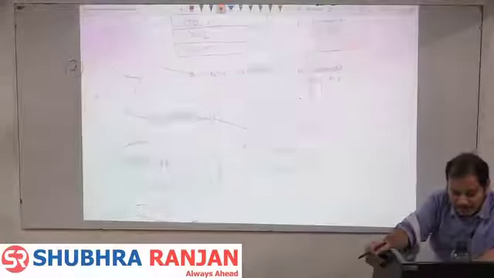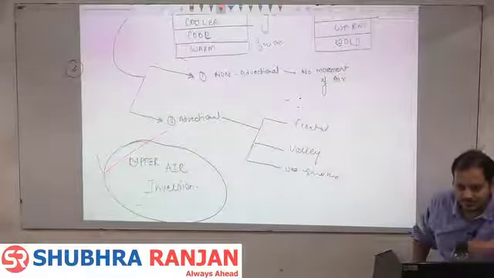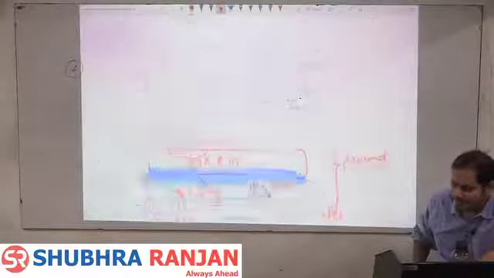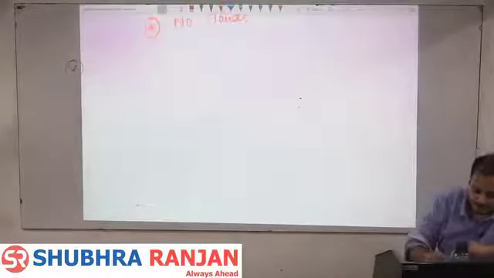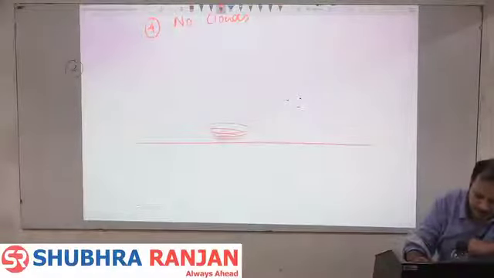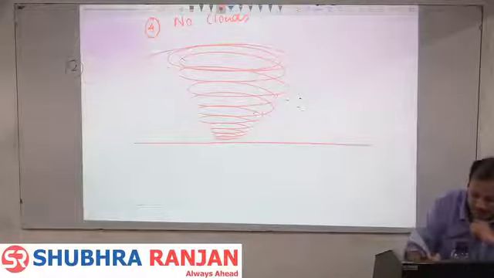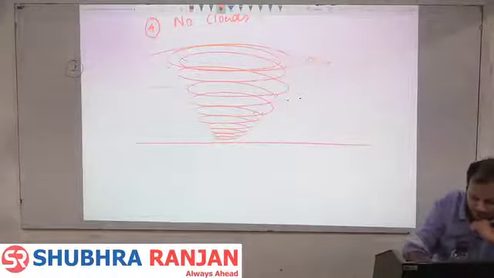What is different in optional is upper air inversion. Upper air inversion, ground is there, air becomes very hot, air rises upwards, and after going upwards for 3 kilometers, it will become very, very cool. Fine?